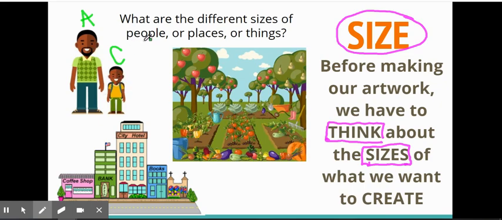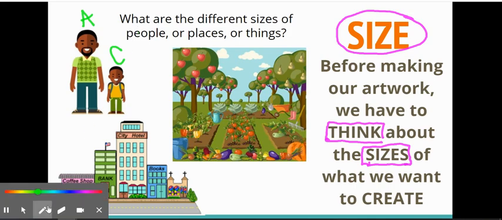We know that this man is the adult because of how tall he is, and we know that this little boy is the child because of how short he is. Usually adults and parents are much bigger than their children, right? You already do these kinds of things in your sketching and drawing. You like to make your parents bigger than you, or your teachers bigger than you, and that's an awesome way to plan and think about your sizes.